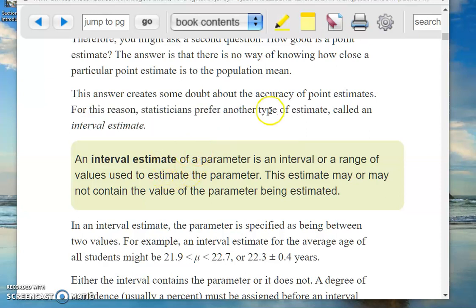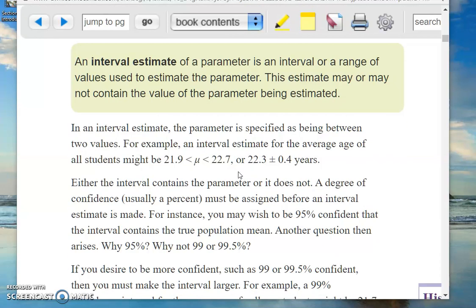And the interval estimate of a parameter is some interval, and it is used to estimate the parameter. This may strike you as strange, but this estimate may or may not contain the value of the parameter that is being estimated. We don't know, okay? All we can do is come up with a confidence level, and we'll talk about confidence levels in a few moments, but we don't know for certain.